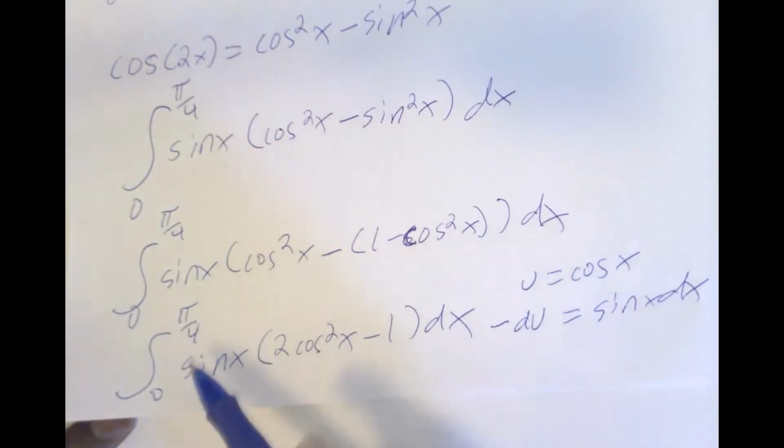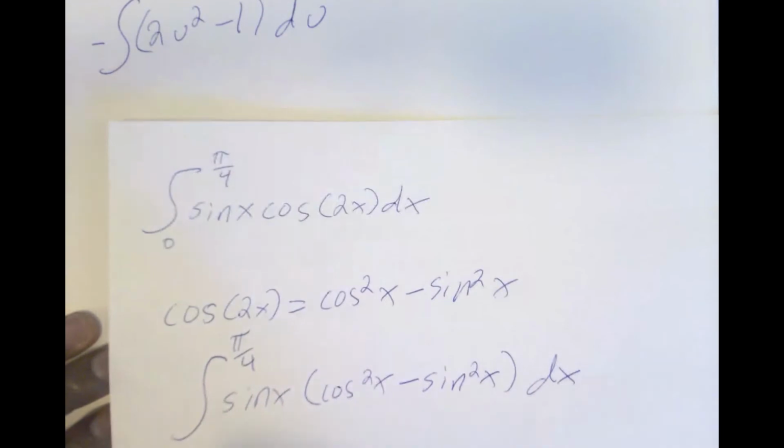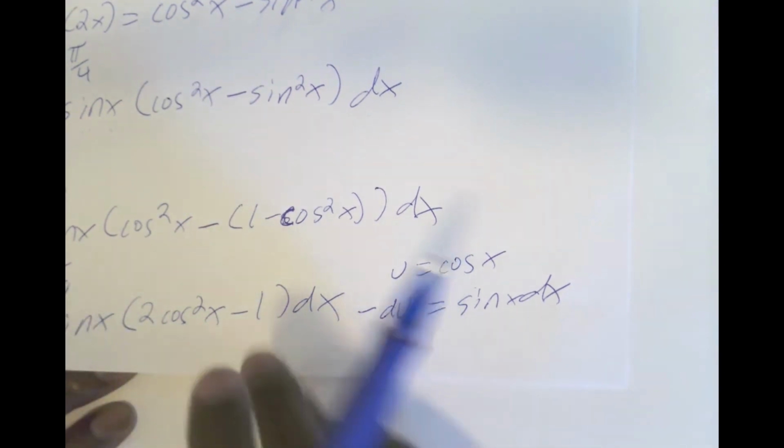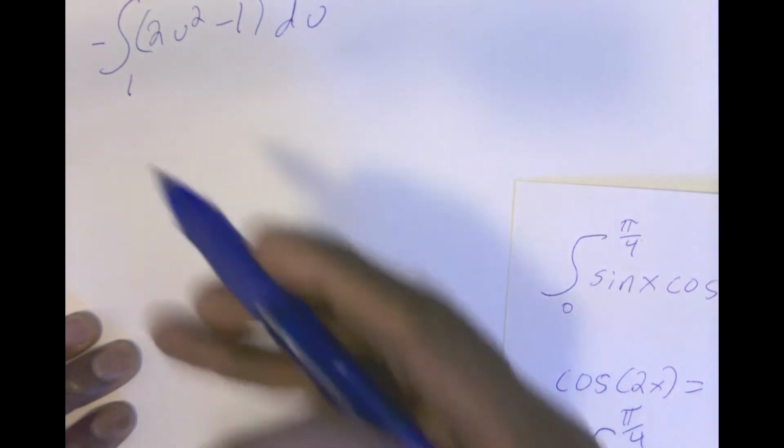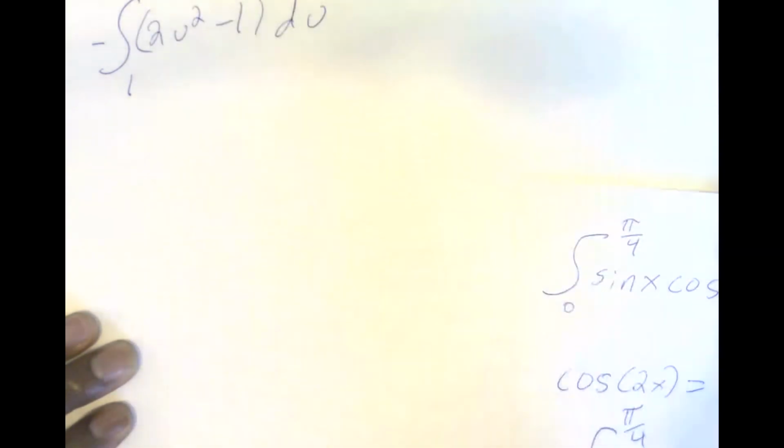So cosine of 0 is 1. And cosine of pi over 4 is the square root of 2 over 2, or 1 over the square root of 2. 1 over the square root of 2 is probably an easier mathematical way to deal with this. So I'm going to write it as 1 over the square root of 2.